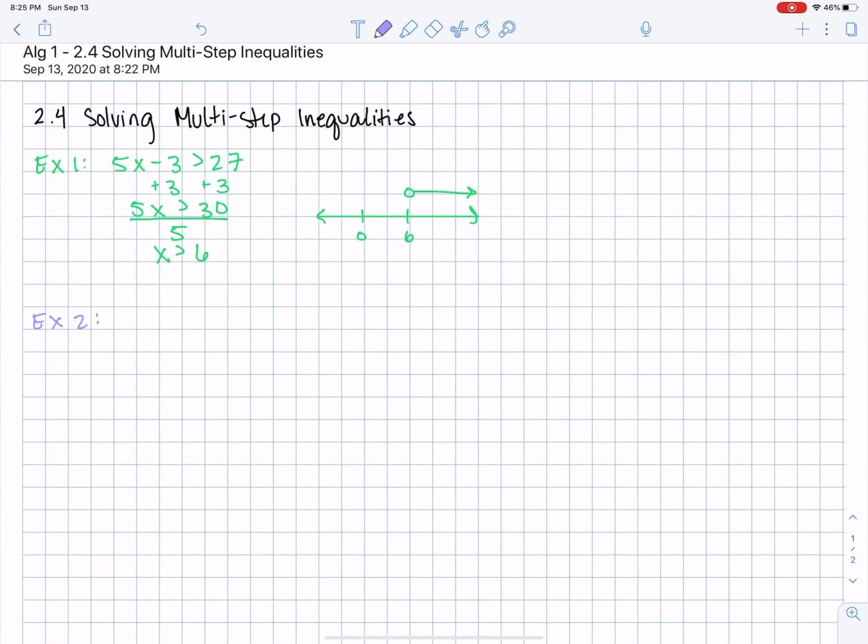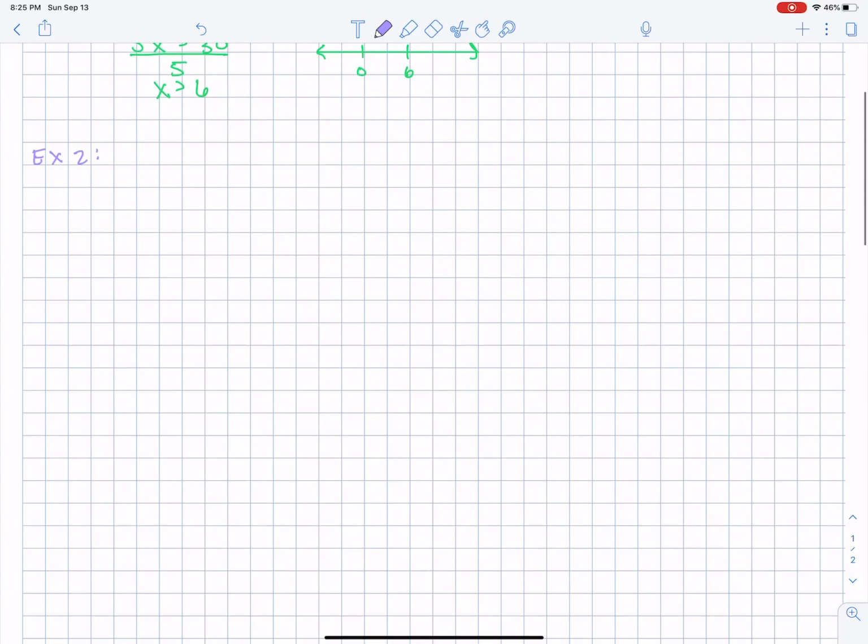So for example 2, we are going to have 3 over 7 plus 5 over 14 x minus a half x is less than negative 3 over 7 x minus 1/7.